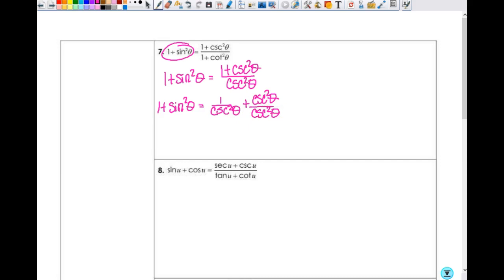Yes? These cancel out, right? That's going to leave me with 1. And what's 1 over cosecant? Sine. So this is 1 plus sine squared theta equals 1 plus sine squared theta, and I'm done.